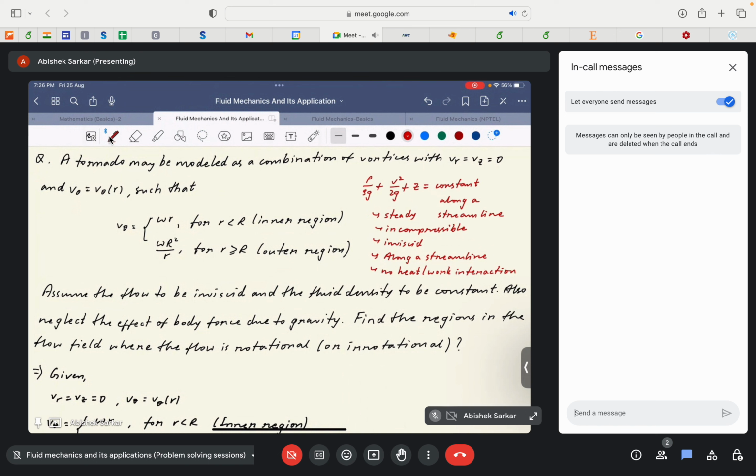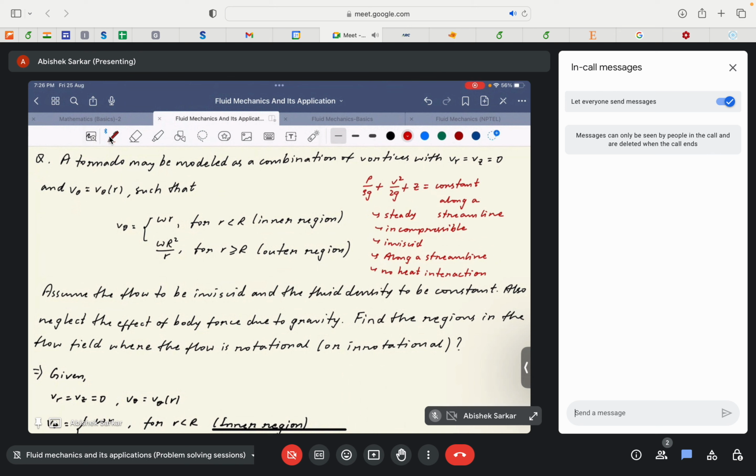This is basically from the first law of thermodynamics, considering the various types of work and heat interaction. Work interaction in the sense that many types of works we are ignoring, but not all kinds of work. So no heat interaction, and some additional or external work interaction we are neglecting.